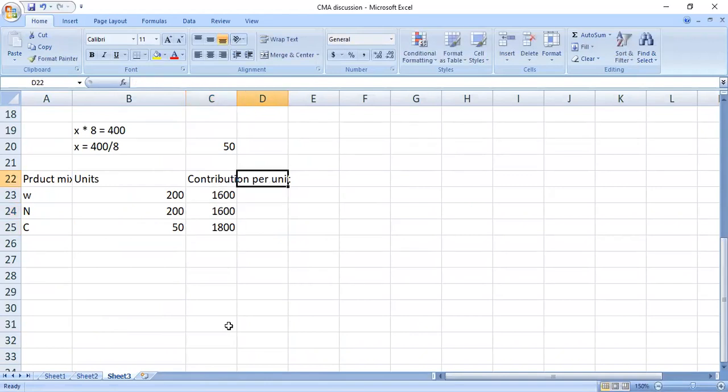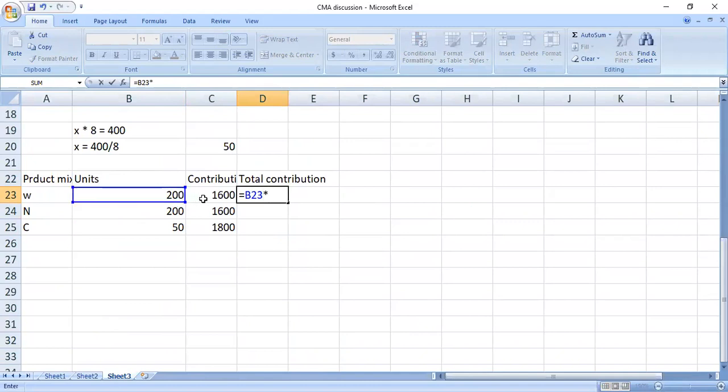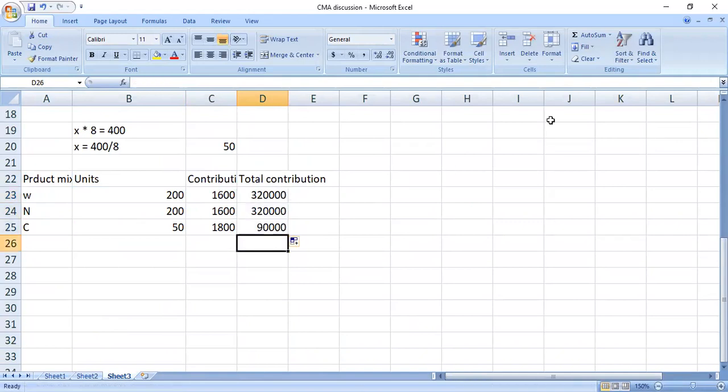So officially, our total contribution will be equal to, since this one is per unit, the number of units times the per-unit contribution. That's what you have. If you want the total, you add them together for all products. I hope we are fine.